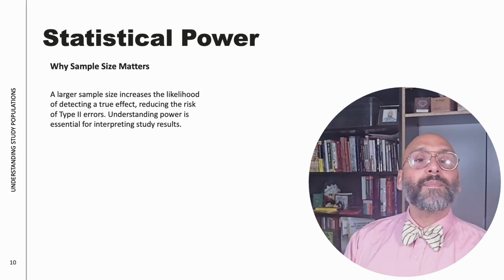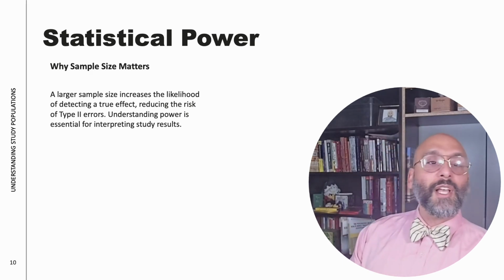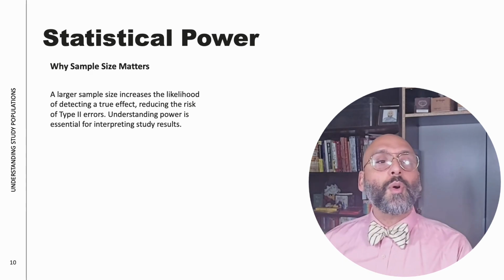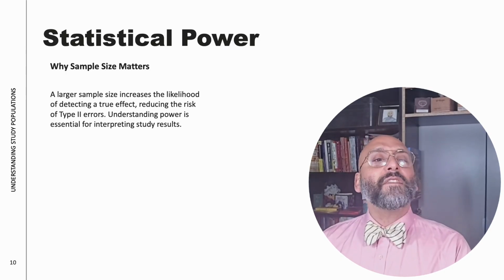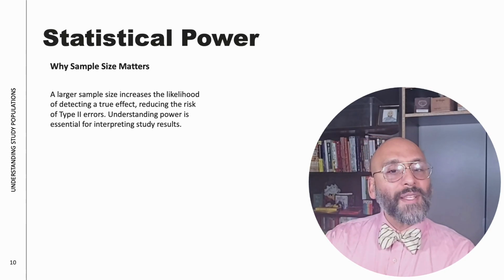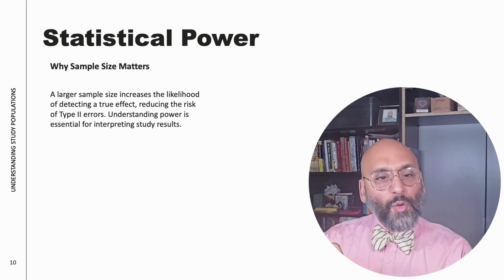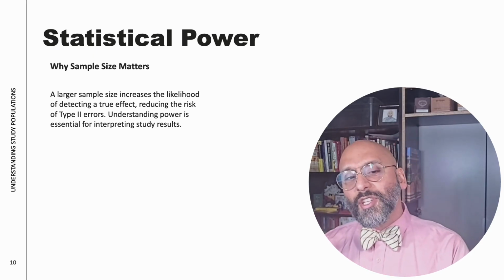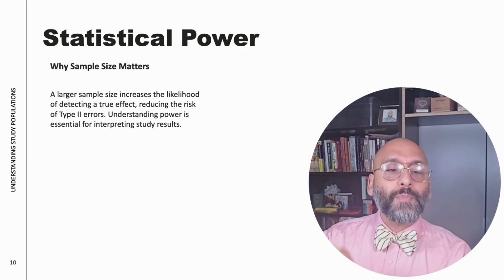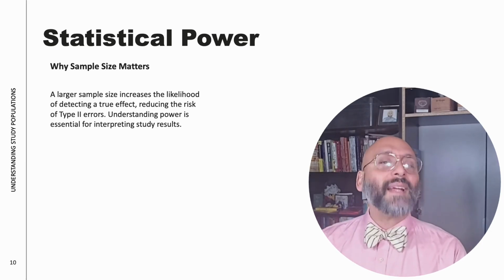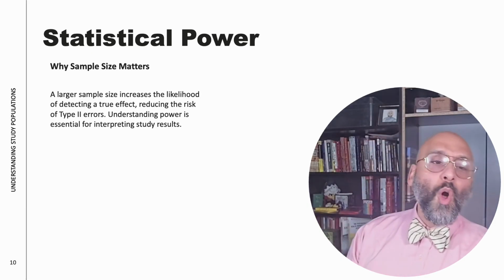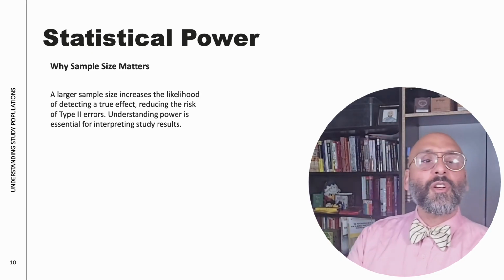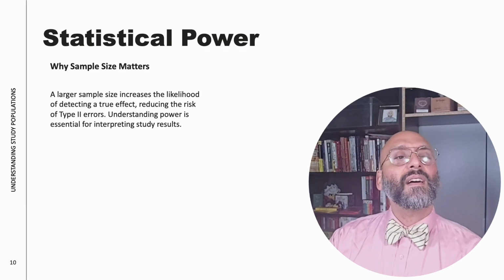Now, sample size matters because larger samples reduce random noise and make real effects easier to detect. Effect size matters because very small effects require a much larger sample in order to be reliably detected. In psychiatry, effect sizes are often modest, which means underpowered studies are common.